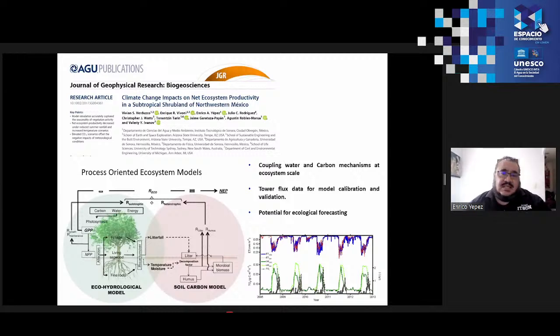In this site, we have actually tried to model ecosystem processes. Basically, we have tried to understand how the water and the carbon is exchanged in this type of ecosystem.